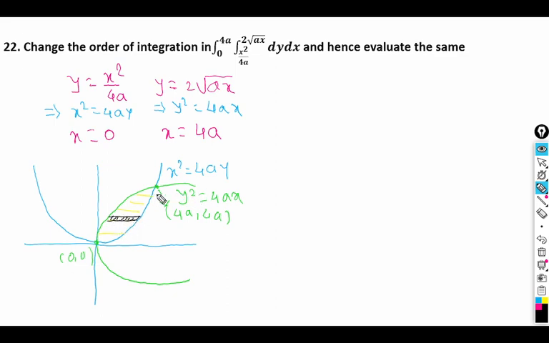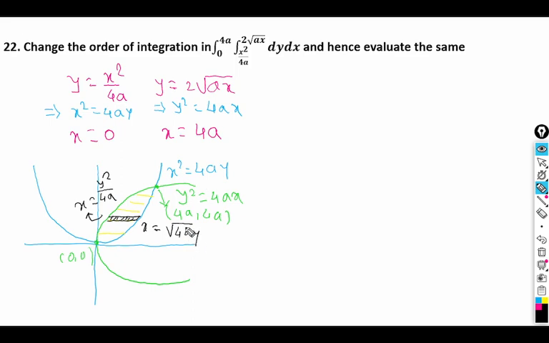The left hand touches y square equal to 4ax, so the left hand gives the limit x equal to y square upon 4a, and the right hand touches x square equal to 4ay, so x equal to root 4ay.